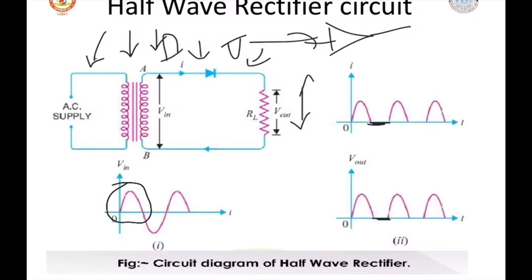During the positive half cycle, the diode is forward biased, hence it conducts, and output is taken across the load resistance. During the negative half cycle, the diode does not conduct and you don't get any output. That is why we say it suppresses the negative half cycle. This is all about the half wave rectifier.